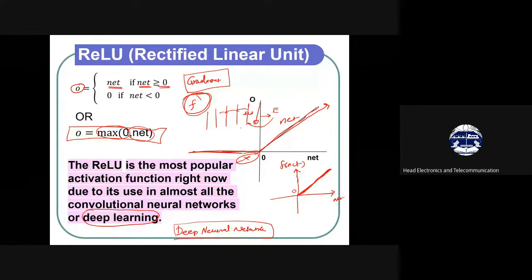So every time f dash of the respective layer is taken into account, and this f dash computed at the last layer is responsible for changing weights in the backward direction.